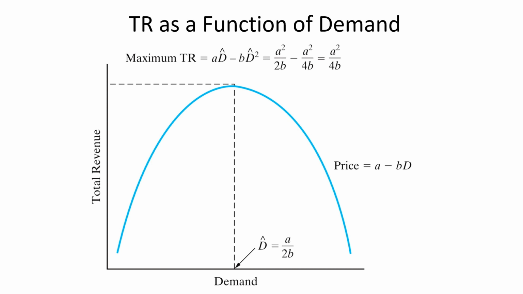All right, so here is a really important figure. And if you're not in the habit of taking notes, this might be a good one to start on, because this figure is really important to understand. If we look on the horizontal axis, demand, remember that's the number of units that are being sold. So sketch this down.